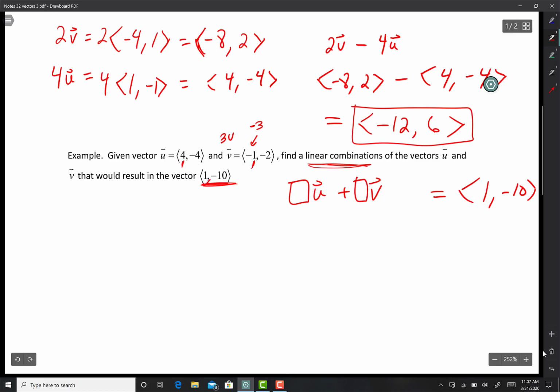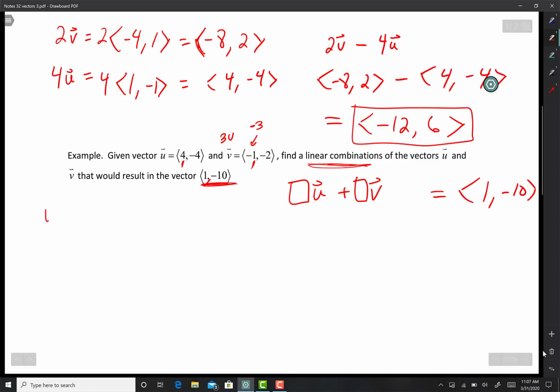Correct? Yes. Now we've got to check: does it work for the y as well? Because it says negative 10 here. I said I'm going to multiply this by 3, right? So 3 times negative 2 is negative 6. Negative 4 minus 6 is negative 10. Perfect. It works, guys.